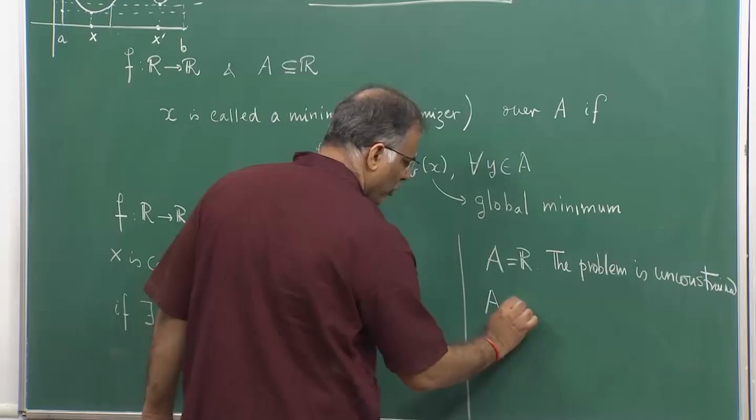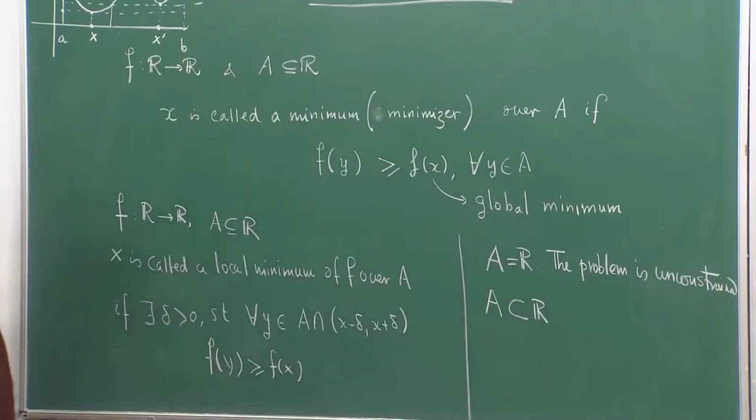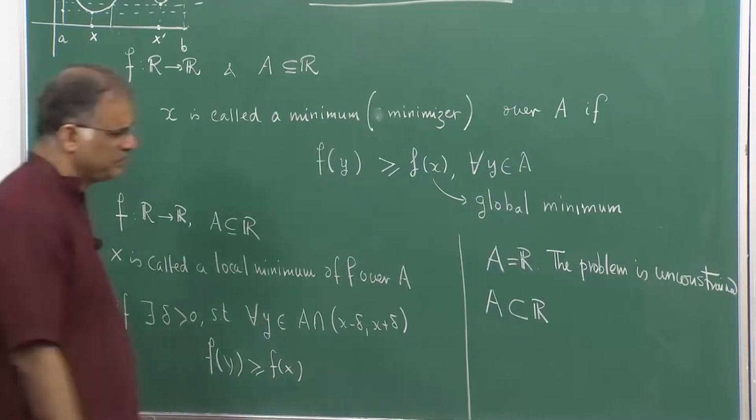If A is a proper subset of R, then we call the problem constrained.